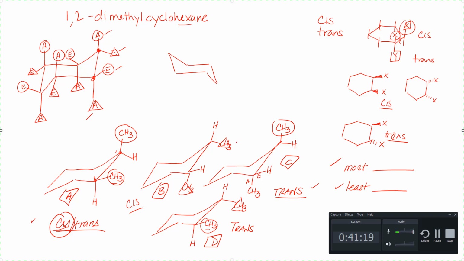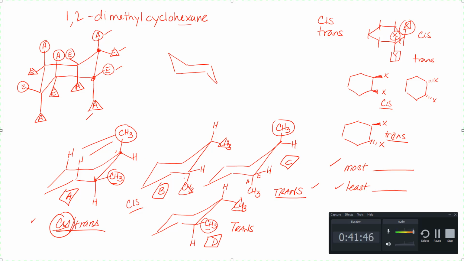Okay, how are we going to analyze that? Well, with each, we're looking for destabilizing interactions. What are the destabilizing interactions? They are the 1,3 diaxial interactions. So in molecule A, how many destabilizing interactions does it have? 2.